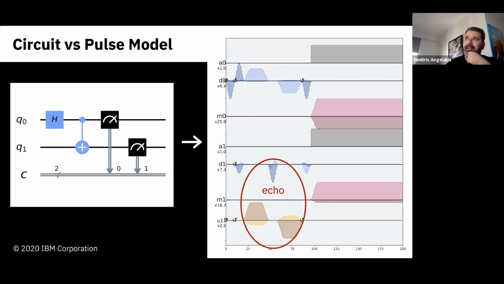Ideally, you do DRAG to avoid leakage. If you do square, let's say, then definitely you're going to excite to higher levels if it's too fast, and so on. And ideally, you need to optimize it to some level. So you're doing DRAG to reduce it, but I guess what the questioner is asking is for a ballpark, do you have any?